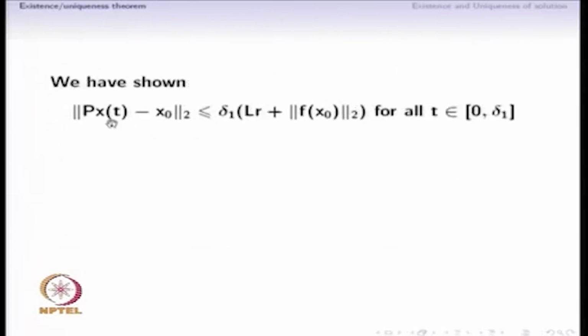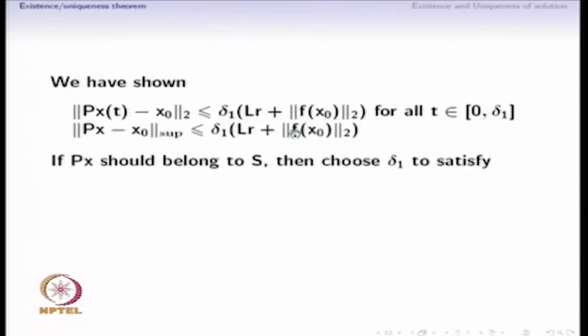We have shown that the 2 norm of this particular function at any time t is bounded from above by this quantity, and notice that on the right hand side there is no t. So, for all time t, the left hand side which depends on time t is bounded from above by this number which does not depend on t. In fact, if we take the supremum of the left hand side, even the supremum will be bounded from above by the same quantity.